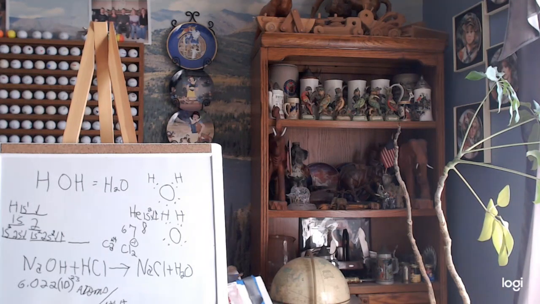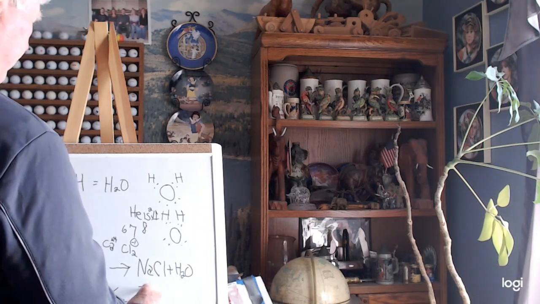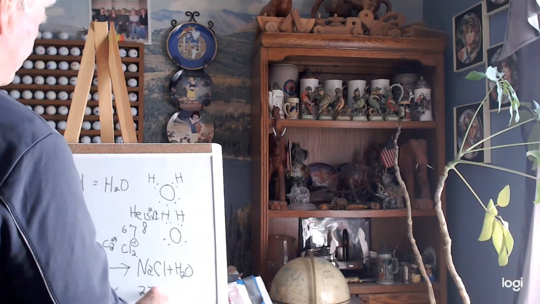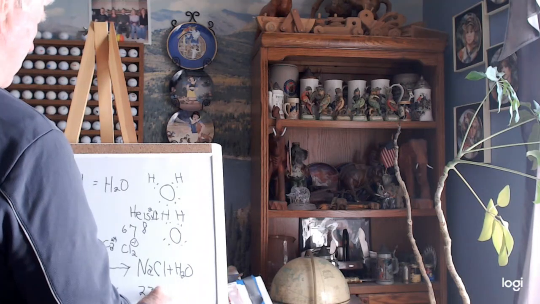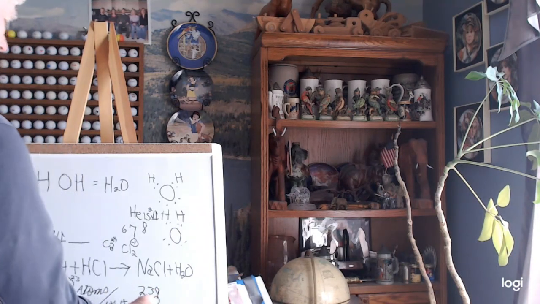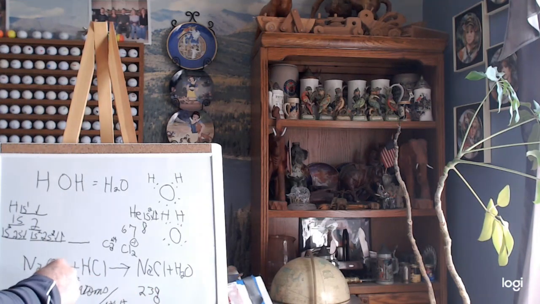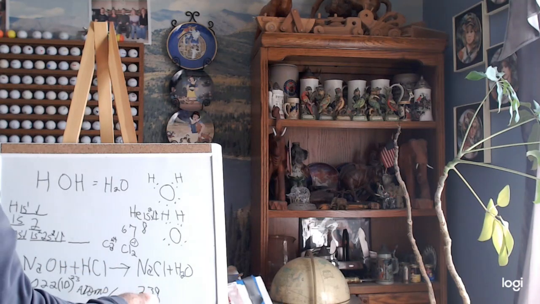For instance, 23 grams of sodium is going to be 6.022 times 10 to the 23rd atoms of sodium.